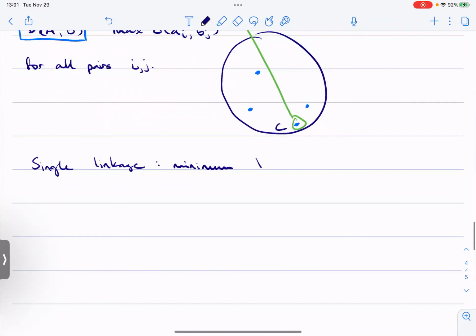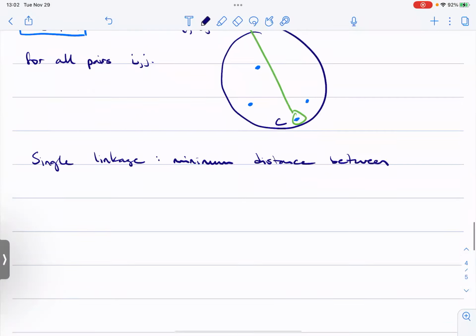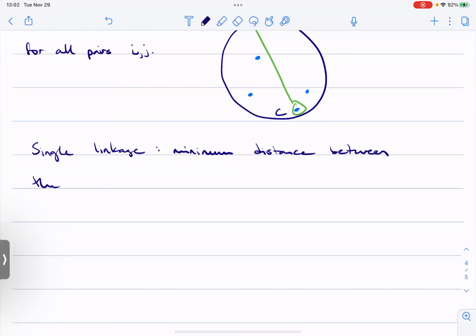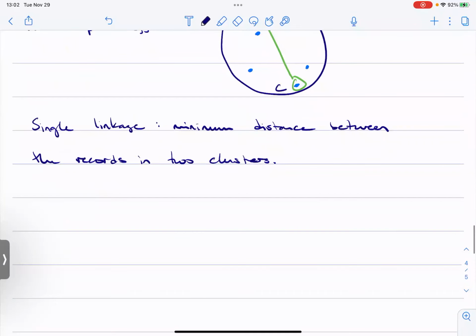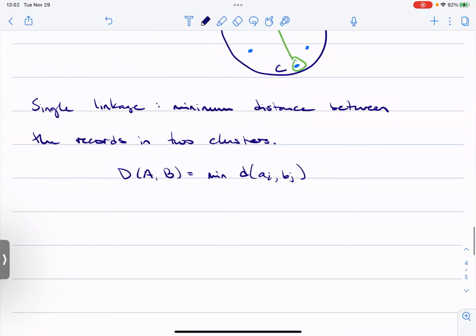So it's the minimum distance between the records in two clusters. Which means the distance between A and B generically is the minimum distance between A_i, B_j for all pairs i, j.